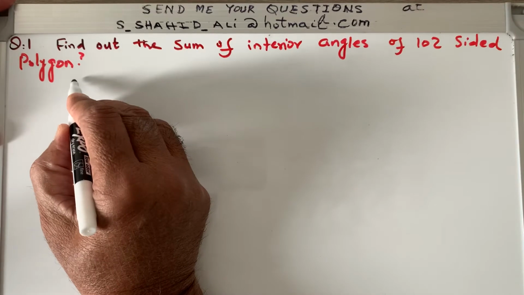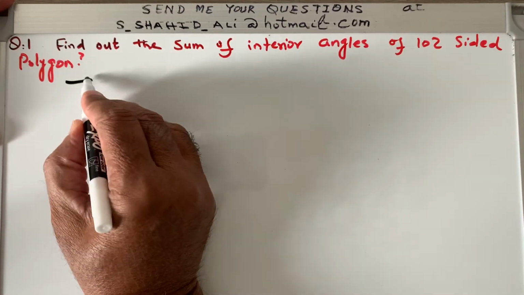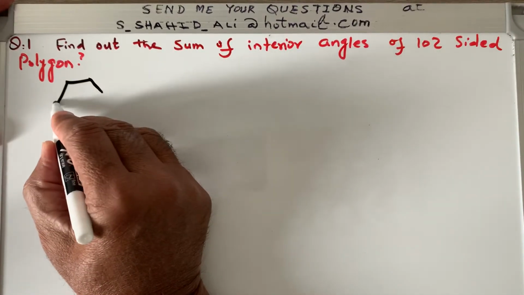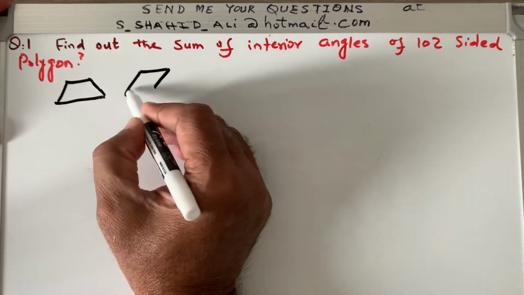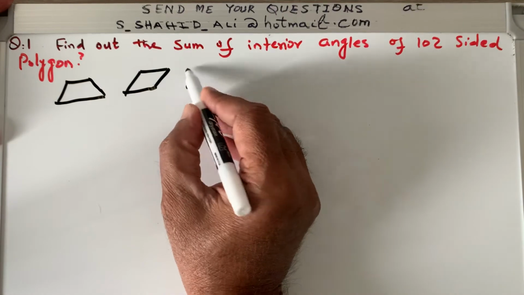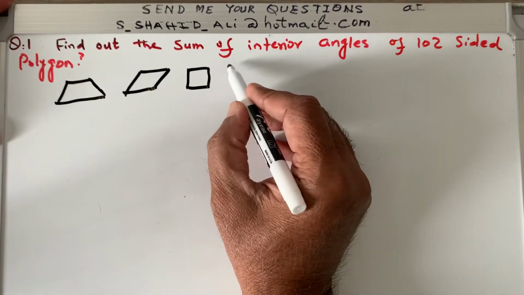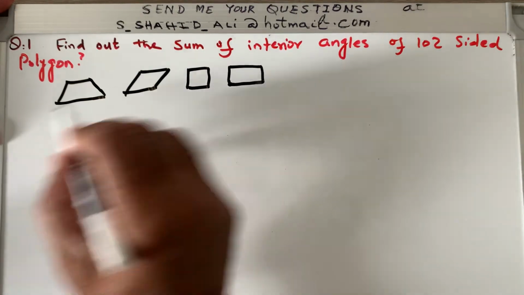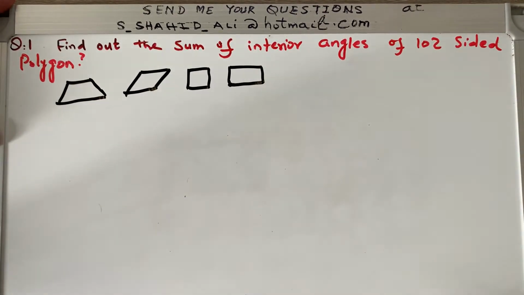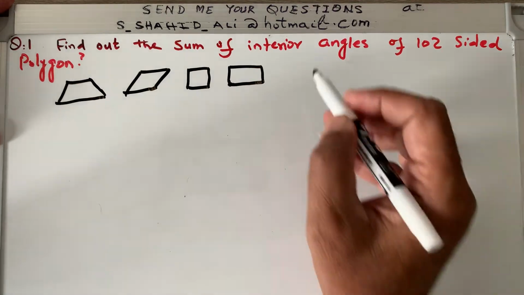The quadrilaterals can be like a trapezoid, maybe a parallelogram, a square, or a rectangle. So all these are quadrilaterals. They are all four-sided figures. They are all polygons, right?